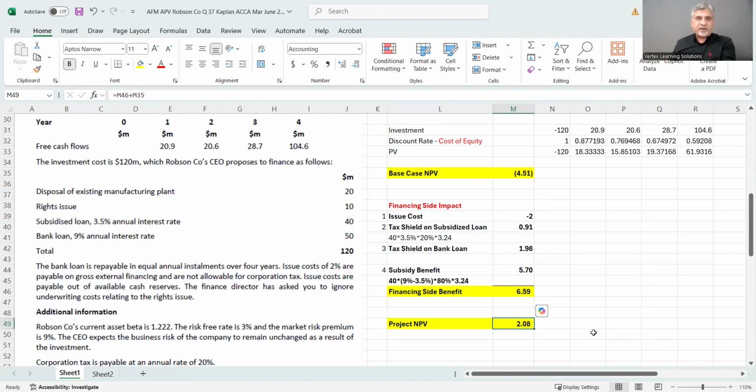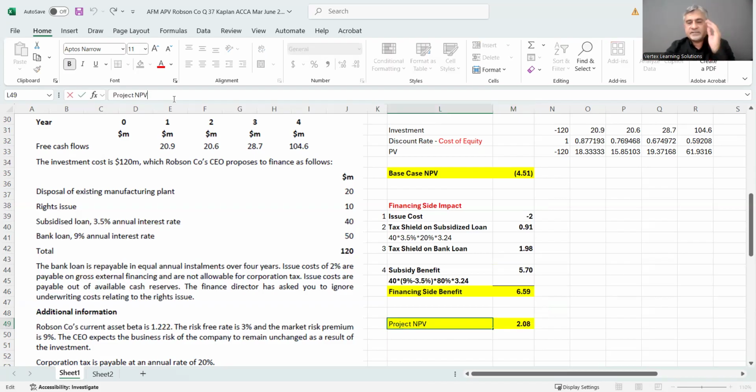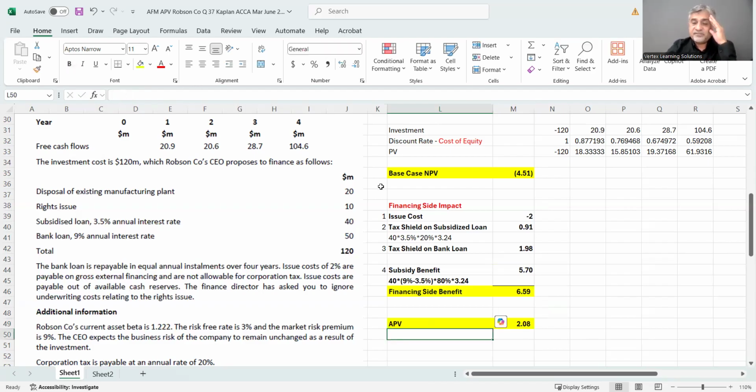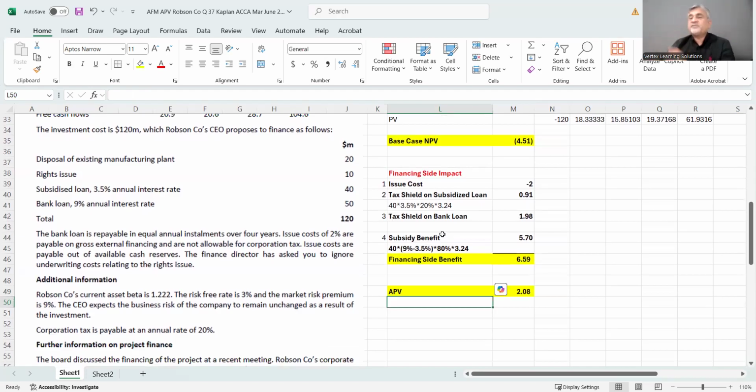This is because your financing is wonderful. Okay. Now, by the way, this is APV, adjusted present value, which means that as a result of this thing. Now, this is the end of the calculation.